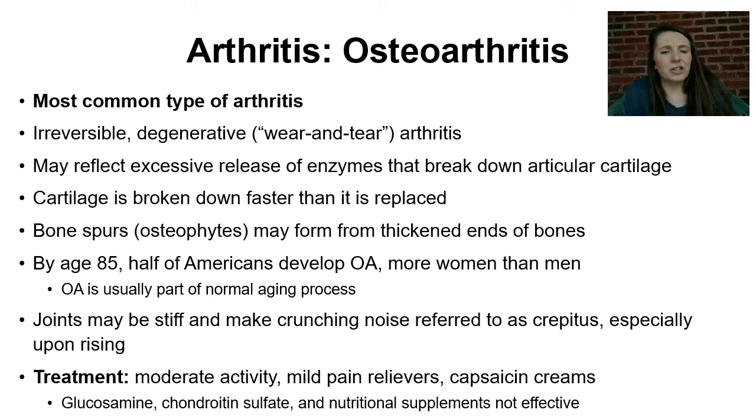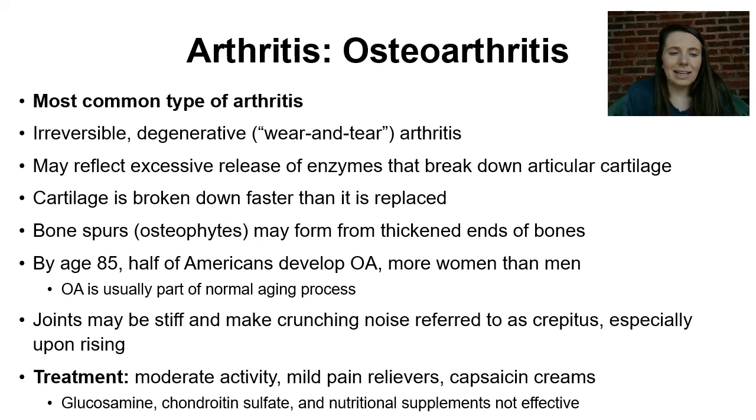And this cartilage is actually being broken down faster than it's being replaced. If you remember back to bones, we talked about osteoporosis. This is a similar situation where, instead of the bone being reabsorbed faster than it's laid down, now we're talking about cartilage being broken down faster than it's replaced.